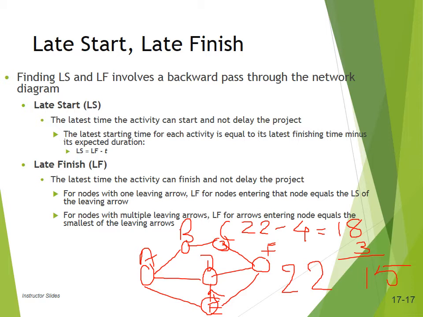And this we are calculating from the end. We are moving backwards. Okay, so these are two ways of calculating time for activity: the early finish, the late finish, the early start, and the late start.